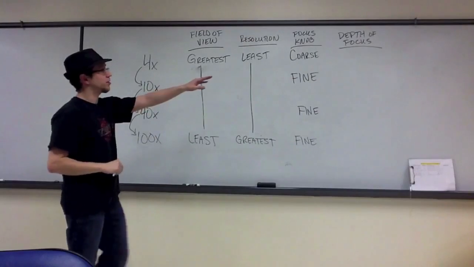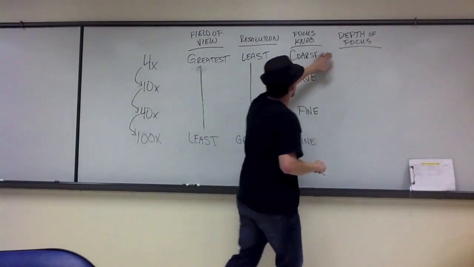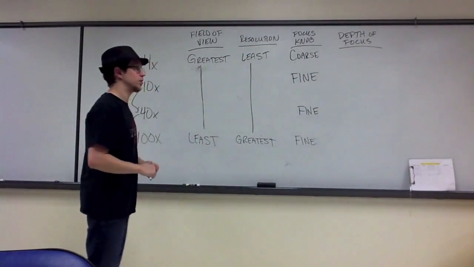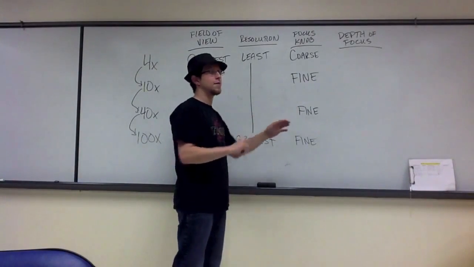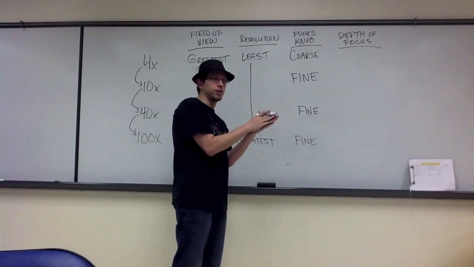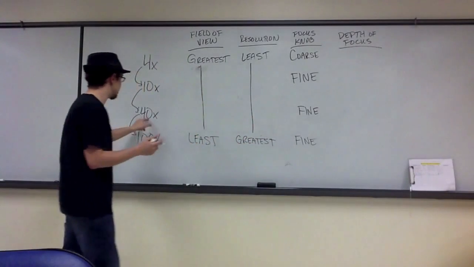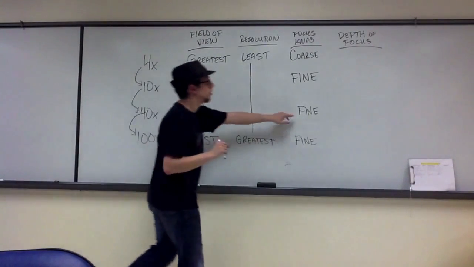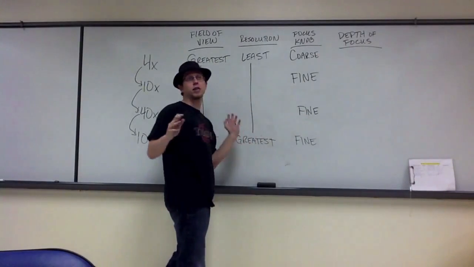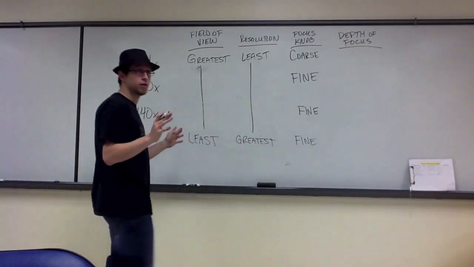And the key to understanding depth of focus is in the focus adjustment knobs that we use. If we're making fine adjustments to focus, it means we have less depth of focus. Okay? And if you think about that, it makes sense, because at 40x, just a slight modification to the fine focus knob can make your sample go completely out of focus.